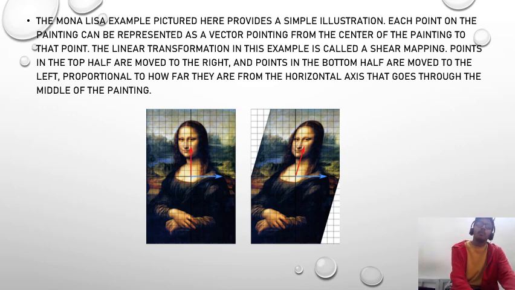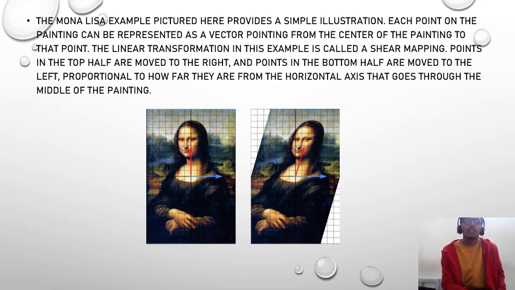Each point on the painting can be represented as a vector pointing from the center of the painting to that point. The linear transformation in this example is called a shear mapping.